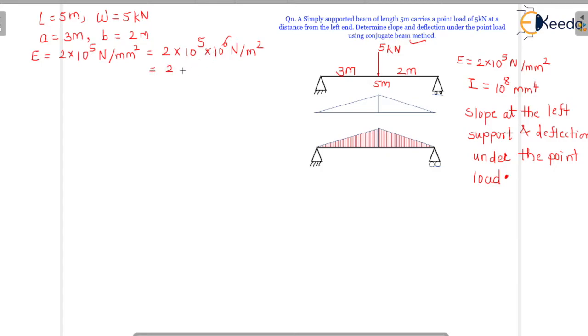So it will become 2 into 10 power 5 into 10 power 3 kilonewton per meter square, so it will be 2 into 10 power 8 kilonewton per meter square. I is given as 1 into 10 power 8 millimeter raised to 4, so we can write it as 10 raised to minus 4 meter raised to 4. So all units we have converted into meters.